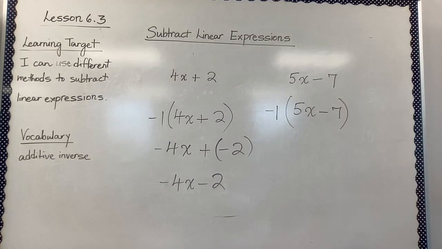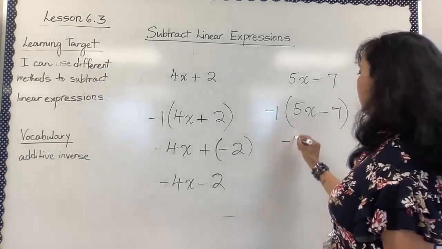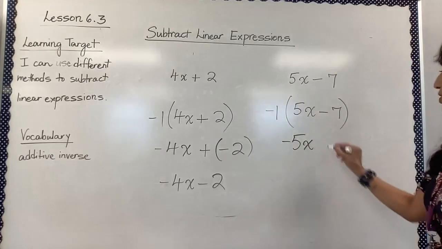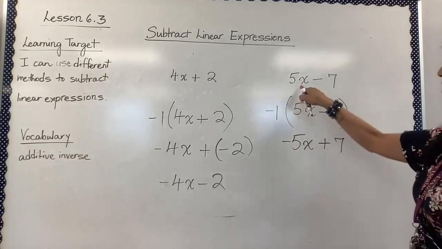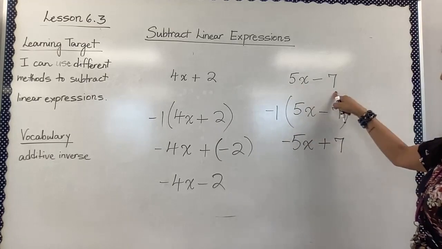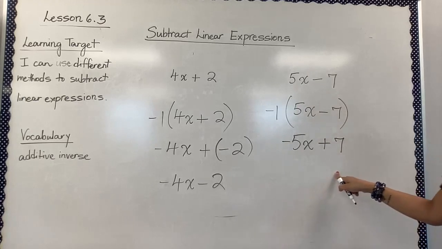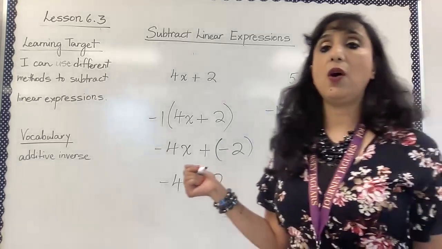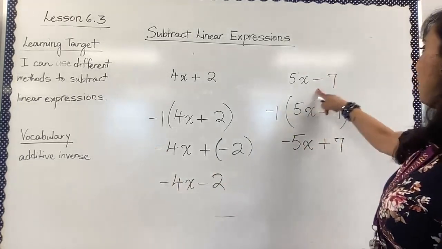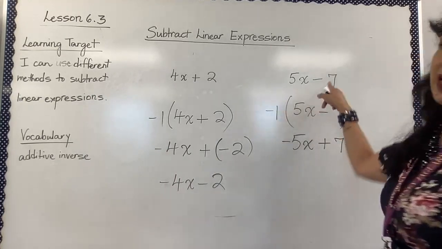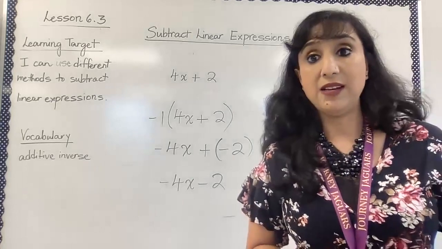Using the distributive property, negative 1 times 5x gives me negative 5x, and negative times negative gives me positive, so plus 7. As you can see, the signs are completely opposite. This is 5x, this is negative 5x. This is minus 7, this is plus 7. When I add these two, I will get 0. So the additive inverse of 5x minus 7 is negative 5x plus 7. Just flip these signs, and that makes it your additive inverse.